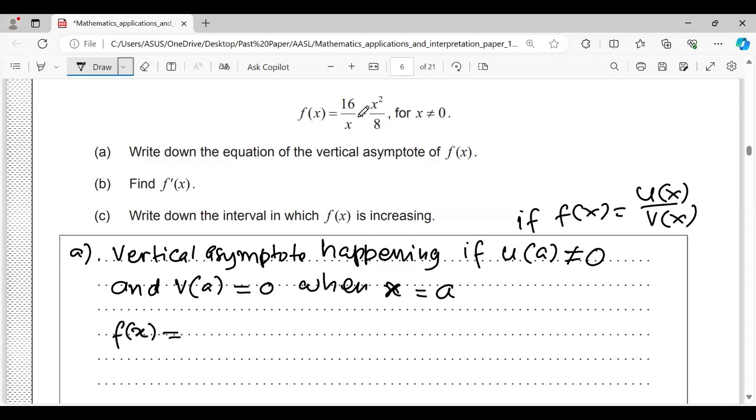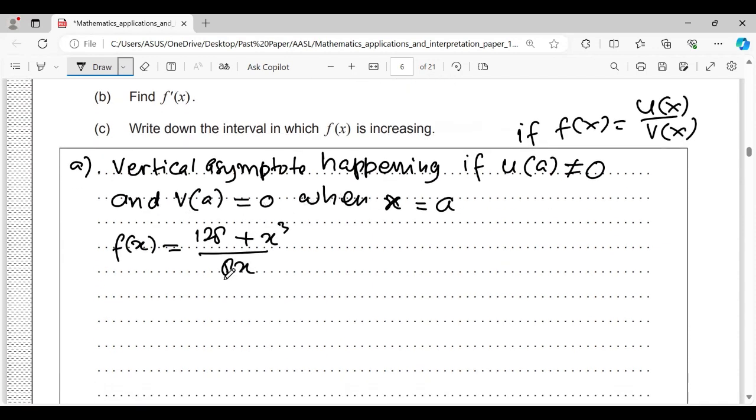So f(x), if we calculate 8 times 16, it will be 128 plus x cubed over 8x. So 8x equals 0, based on this information. So x equals 0 over 8, which is 0.